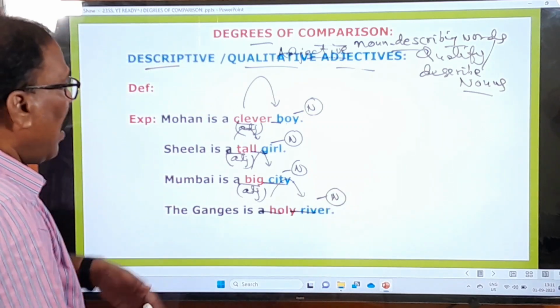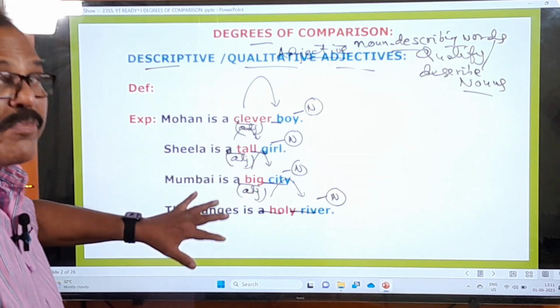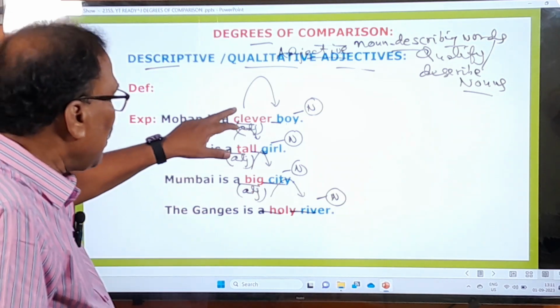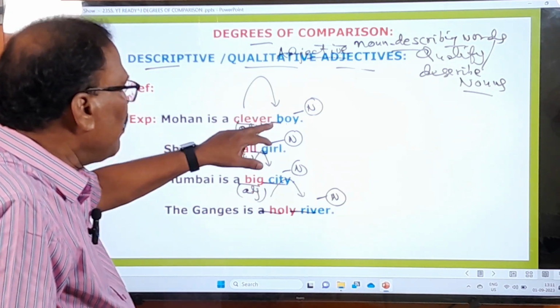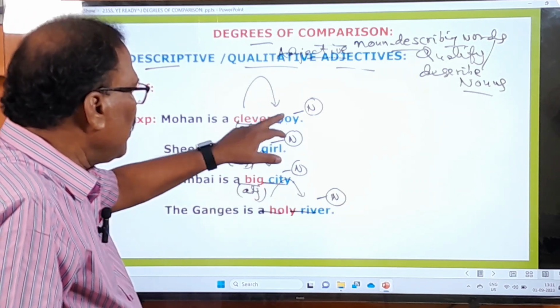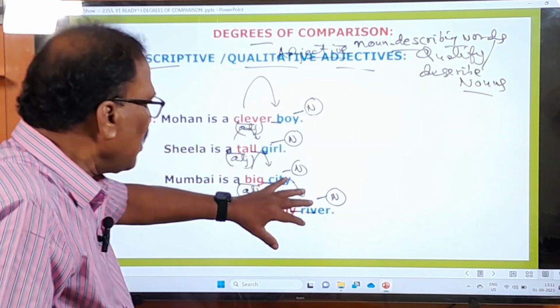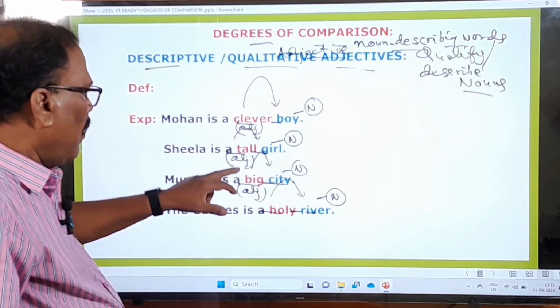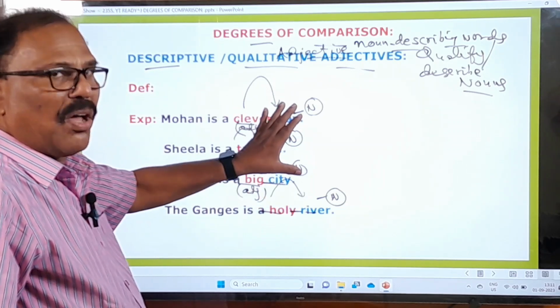If you have observed these four examples, you understand that the words boy, girl, city, river are nouns, and the words clever, tall, big, holy are describing these nouns.